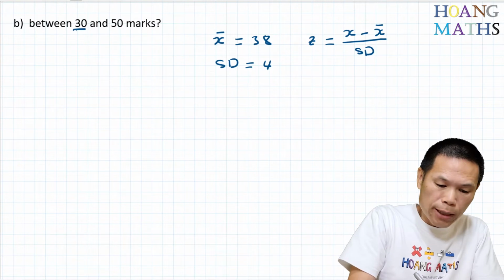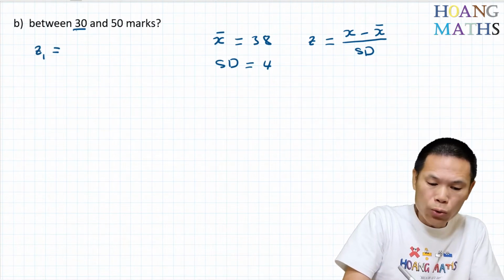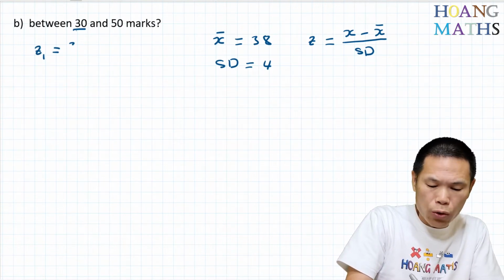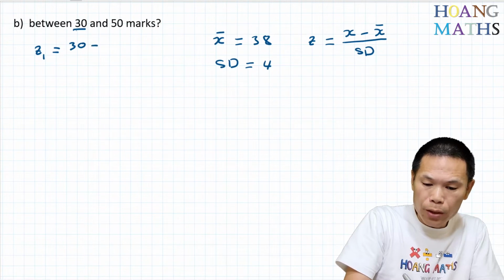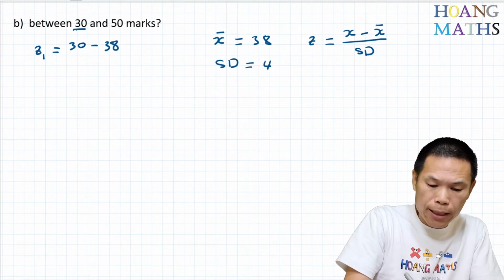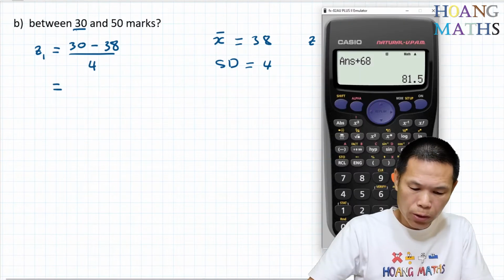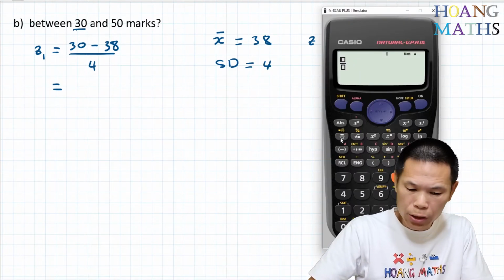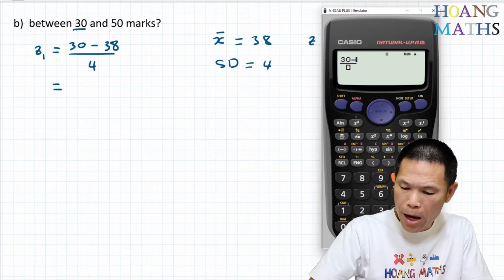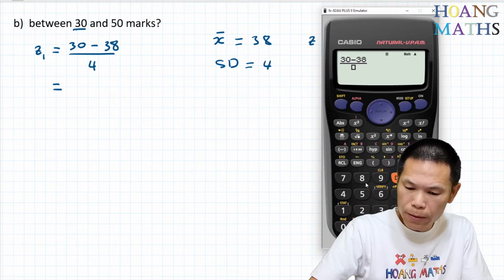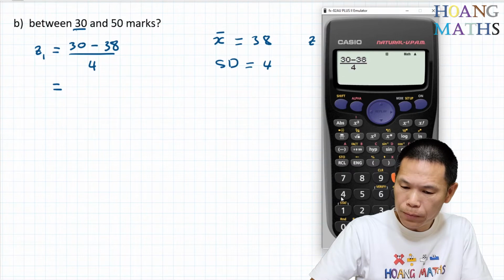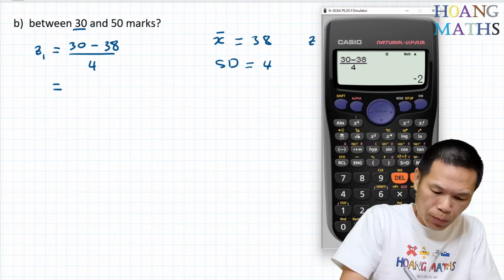So let me just write z1 is equal to, for 30, so we just go 30 minus the mean, that is 38, over the standard deviation, which is 4. So I just go fractions, 30 minus 38 over 4 is -2.